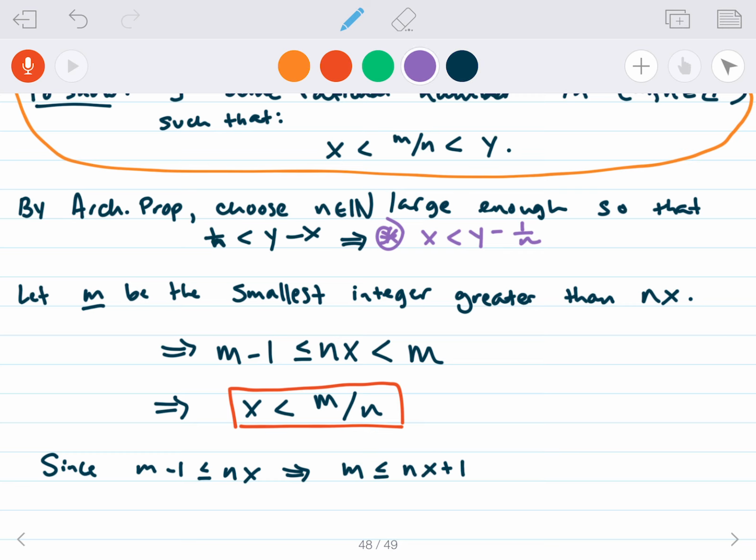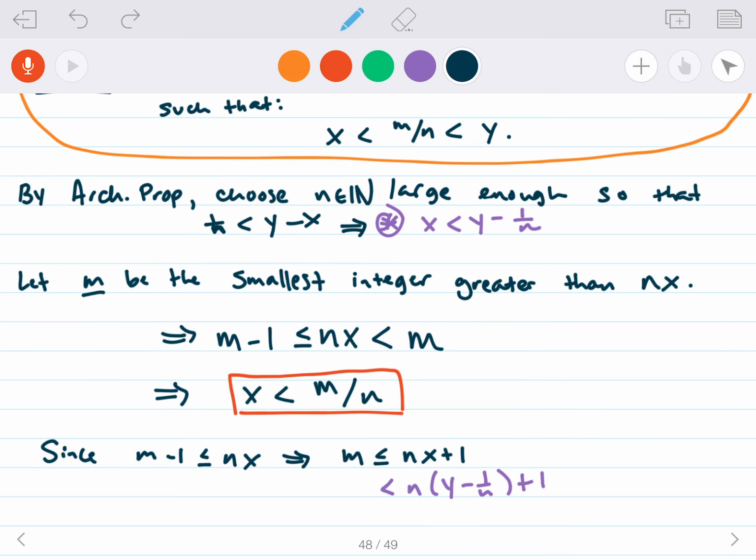And by star, this is going to be less than n times y minus 1 over n plus 1. Right? I'm just replacing x with y minus 1 over n, and x is strictly less than that, so we know this whole thing is strictly less than n times y minus 1 over n plus 1.